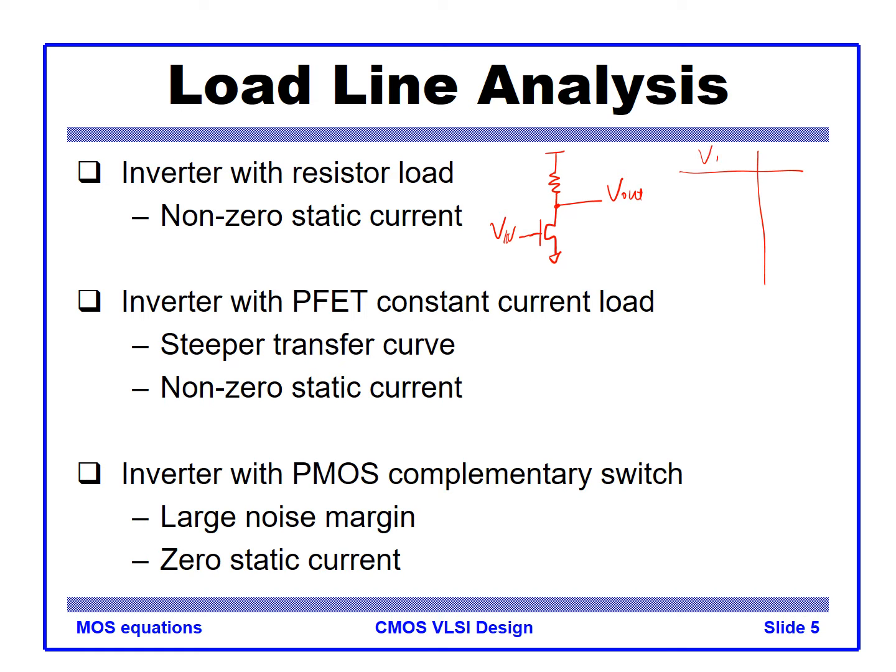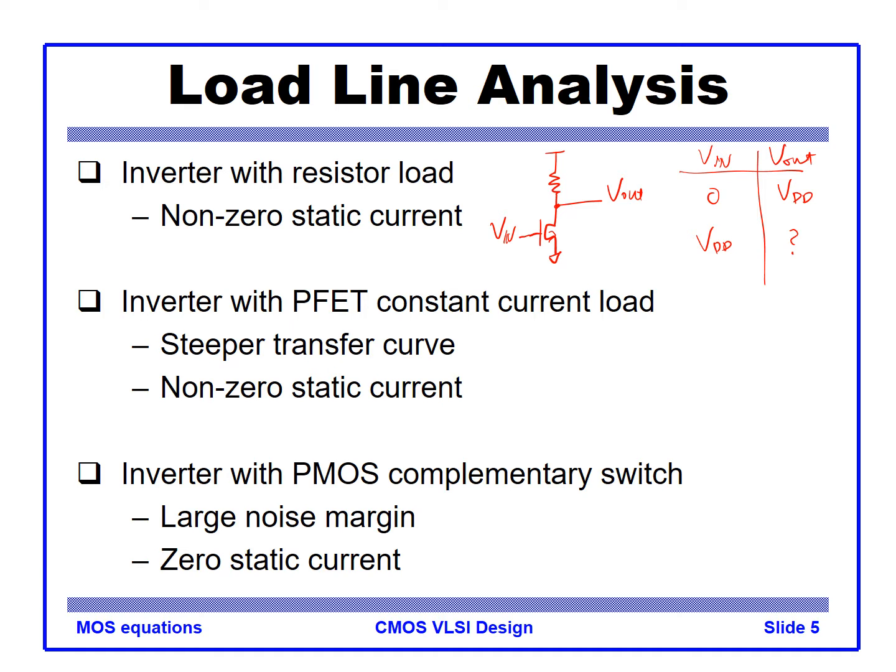So we can write down the truth table, input and output. If we apply 0 to the input, the output will be VDD because the MOS is totally off. But when we apply VDD onto the input, what would be the output voltage?